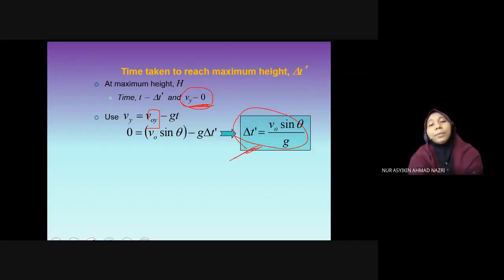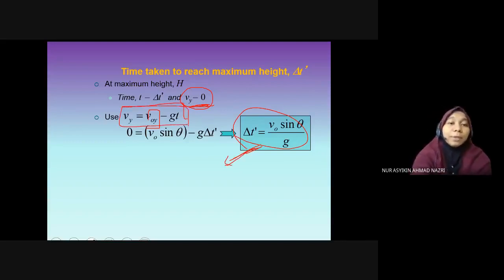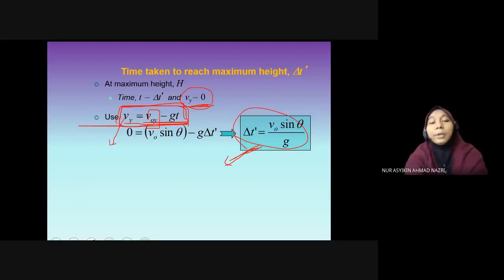Do you remember this? Don't need, but you must remember this equation. Even though this equation will be provided in your examination, you still need to remember it. Why? Because you will know which equation to understand.